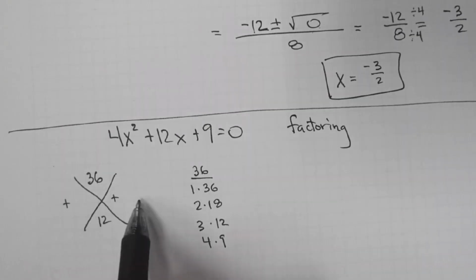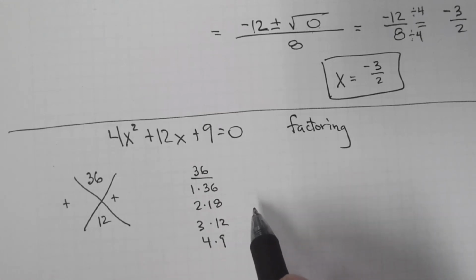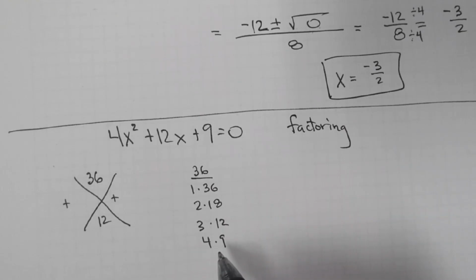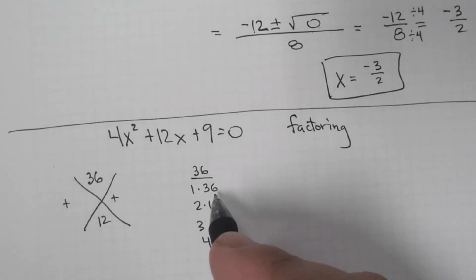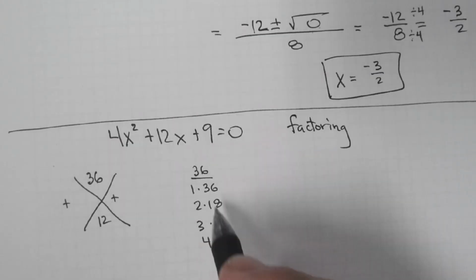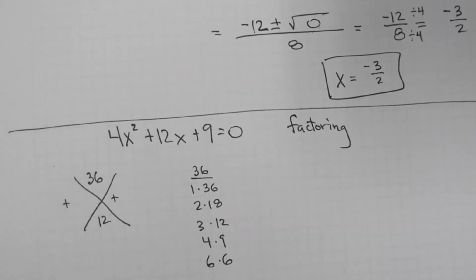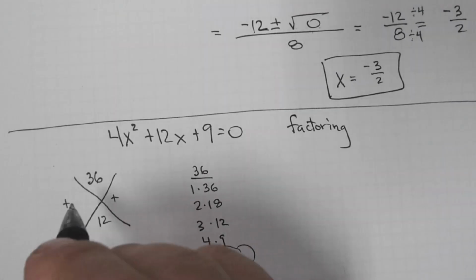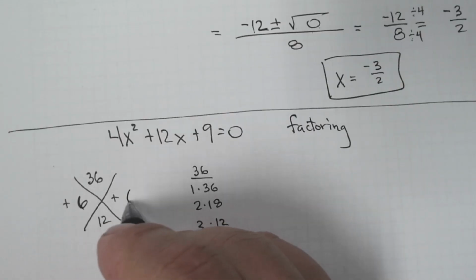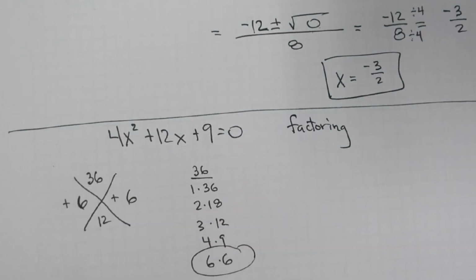And how do I add two numbers to make 12? Let's see, is there more? 5 times, nope, 6 times 6. There you go. 6 times 6 is the last combination I forgot. This combination will add to make 12. 6 times 6 is 36. 6 plus 6 is 12.